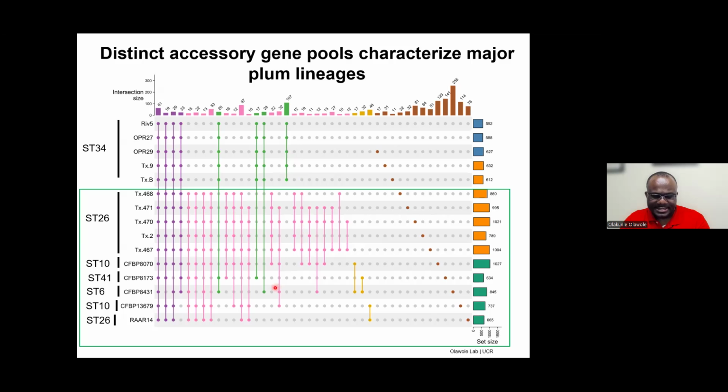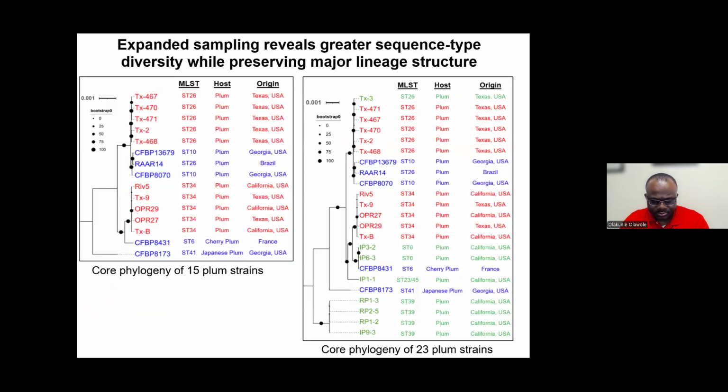And also the Texas ST26 isolates also grouped with the plum-associated ST10 from Georgia, and also ST26 from Brazil, which also indicates a shared ancestry gene pool. You can see that pool of genes being shared by this group.